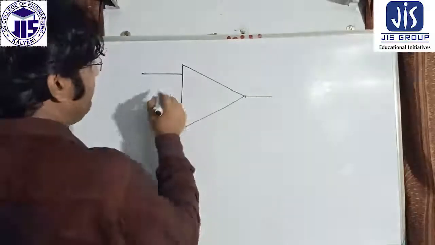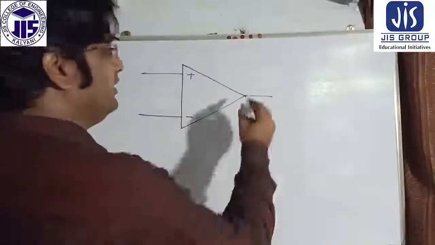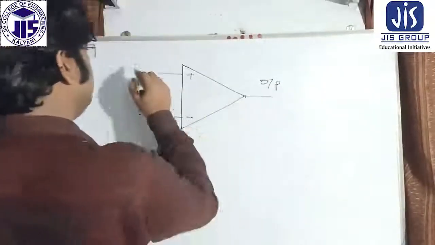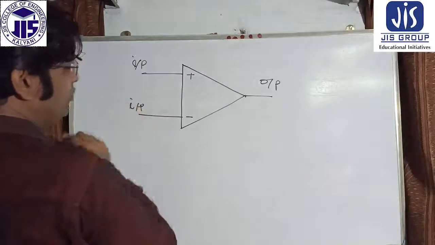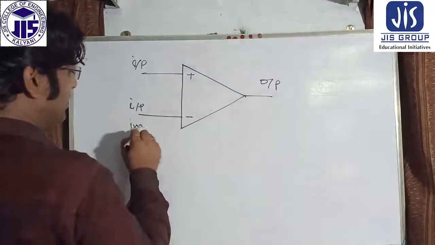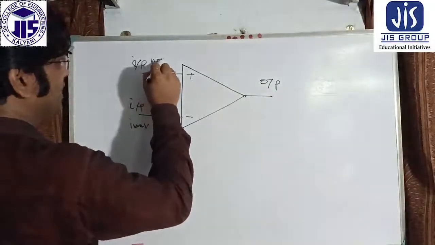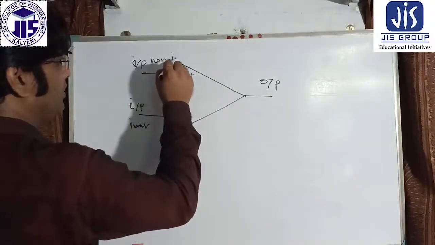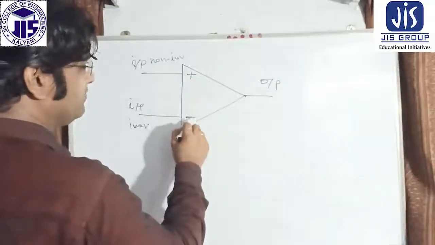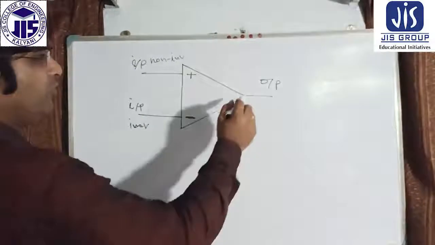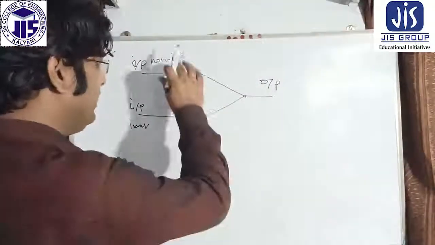The operational amplifier looks like this. This is the output, and these are the inputs. This plus is the non-inverting input, and this minus is the inverting input, and there is an output.